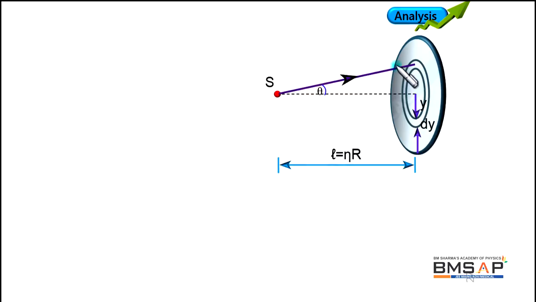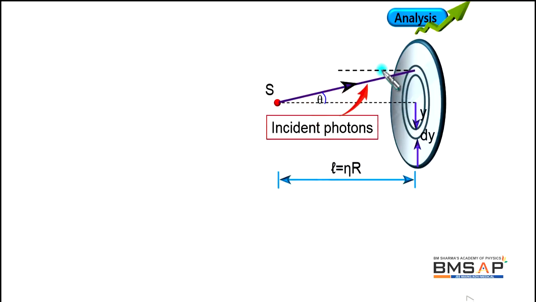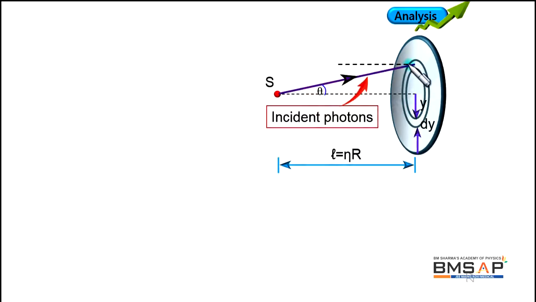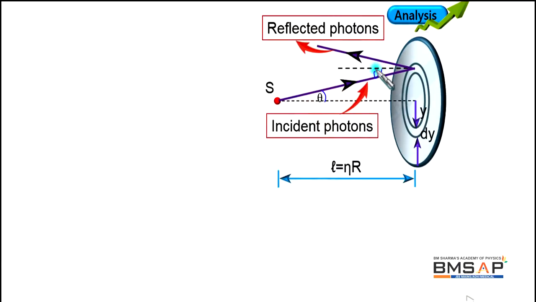This one is the normal. That means this angle is also theta, because this is a mirror. That means the angle of incidence should be equal to the angle of reflection. That means the photon will reflect back like this, right. These are the reflected photons. That means this angle, if theta, this should also be theta.